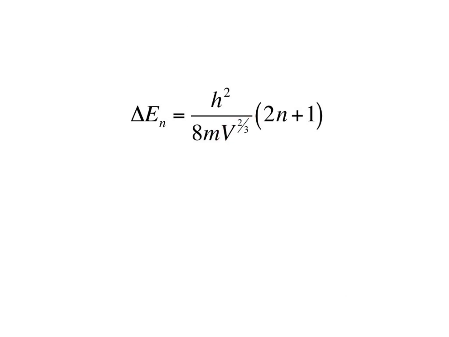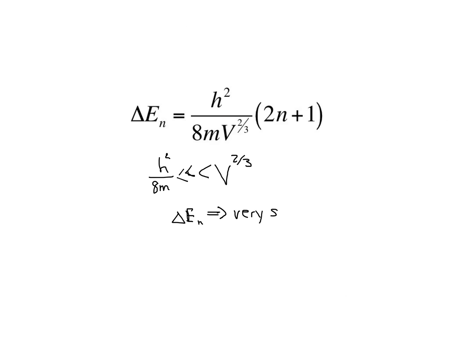For a microscopic particle with masses in the range of 10 to the minus 26 kilograms, h squared over 8m is going to be much, much smaller than the volume of a macroscopic container like a beaker. Therefore, delta E is going to be incredibly small.